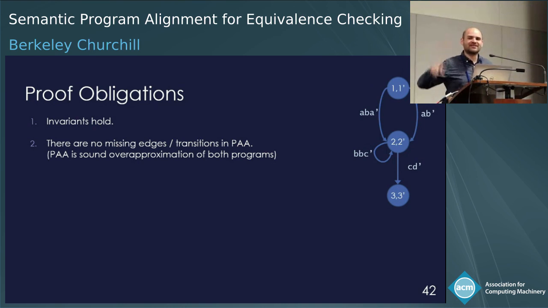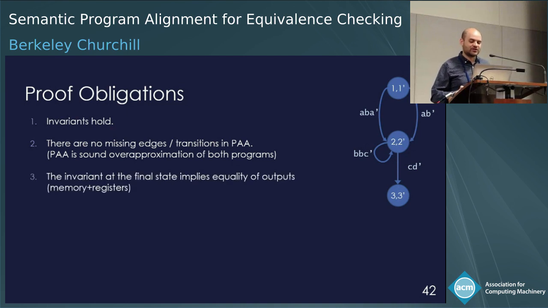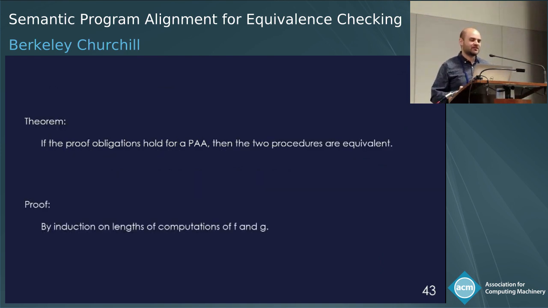If we were missing that edge that came from the even trace, then your proof obligations would fail. You also want to show that the invariant at the final state implies the equality of outputs. So in the paper, we have this theorem: we show that if the proof obligations hold for the program alignment automaton, the procedures are equivalent, and the proof is by induction.